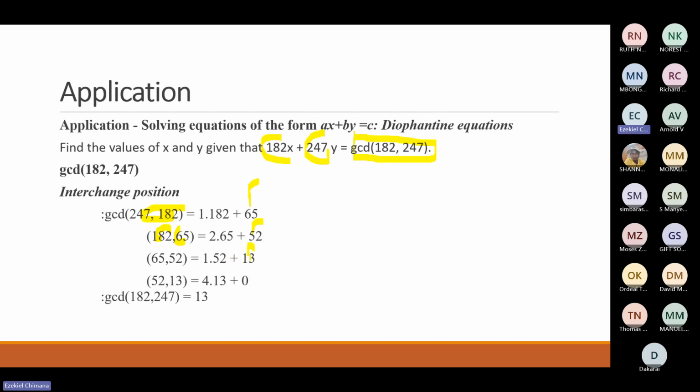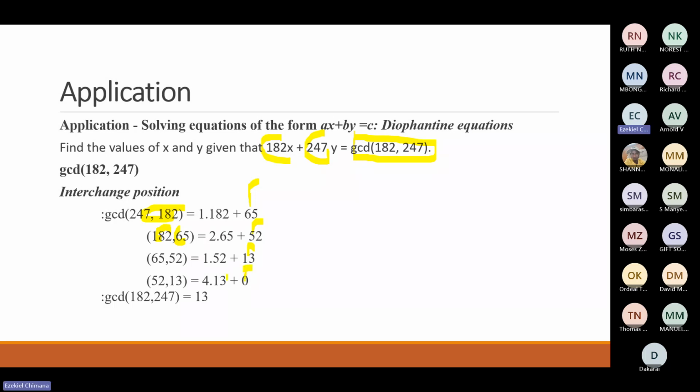Since our remainder is not equal to 0, you need to replace your a by b, so this 52 will become your new a, and the b will be replaced by the remainder, which is now 13. Then the next thing is to divide 52 by 13, and we are going to get a 4 and a remainder of 0.